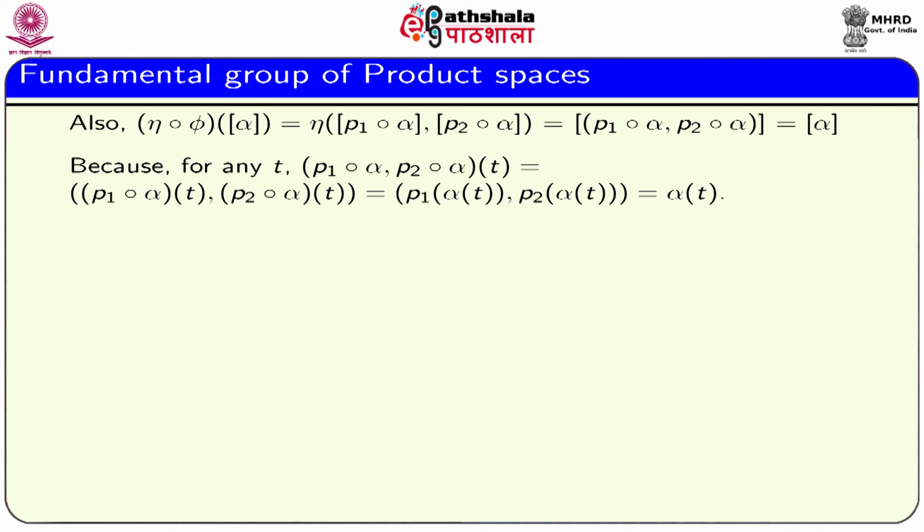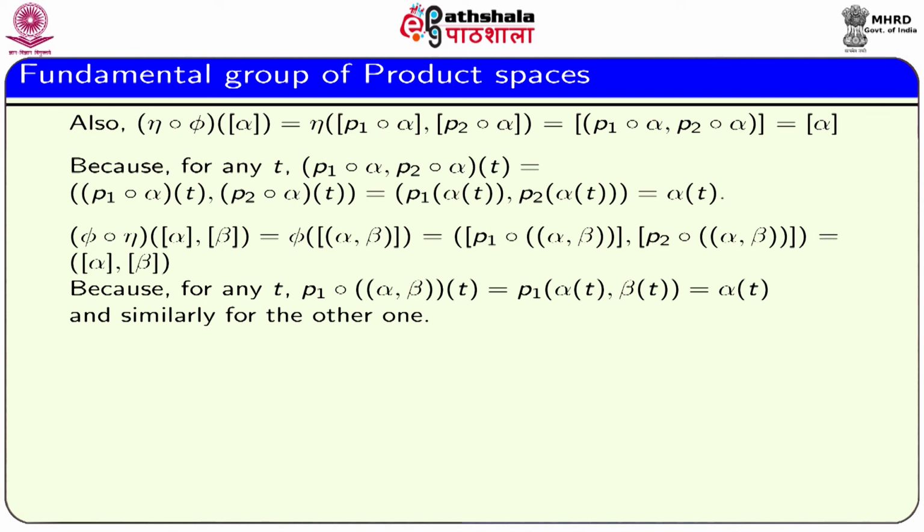Also, eta composed phi evaluated at the class of alpha is equal to eta of the pair (class of P1 composed alpha, class of P2 composed alpha), which is equal to the class of the pair (P1 composed alpha, P2 composed alpha), but that is equal to the class of alpha, because for any t, the pair (P1 composed alpha, P2 composed alpha) evaluated at t comes out to be equal to alpha t.